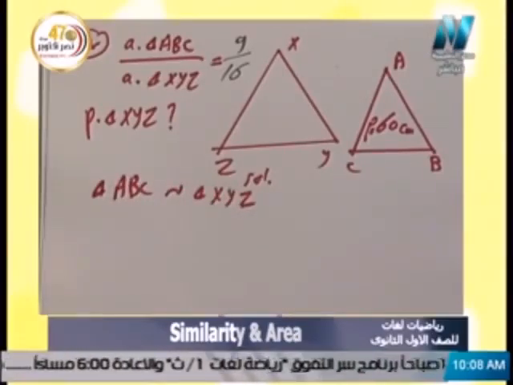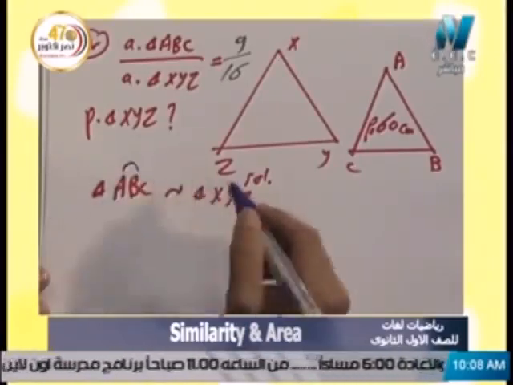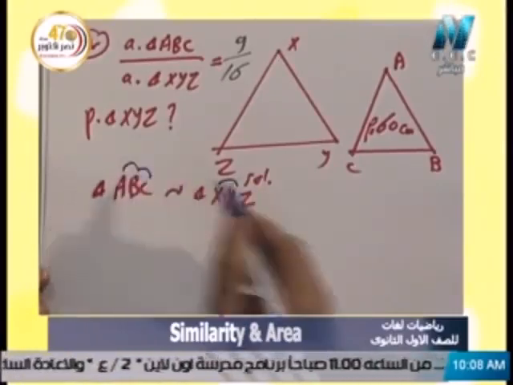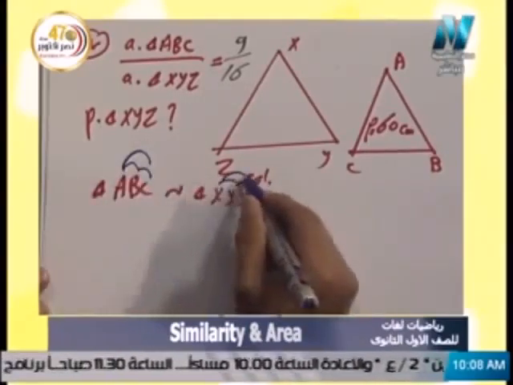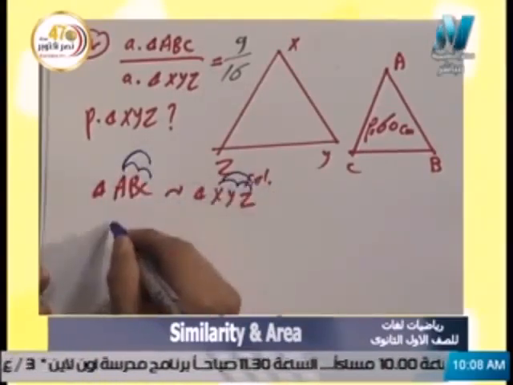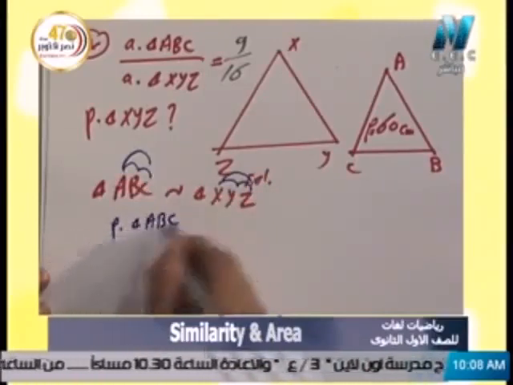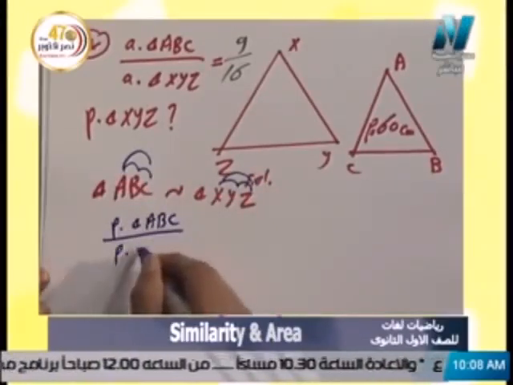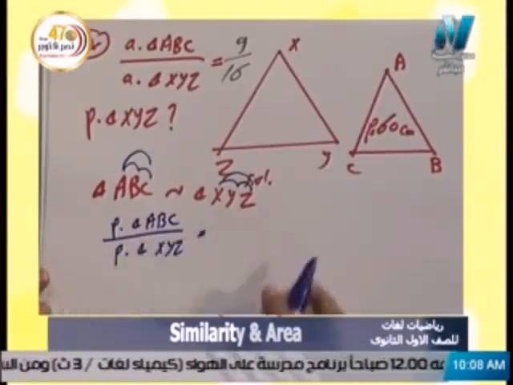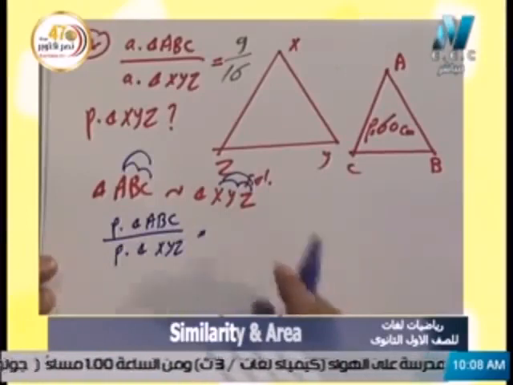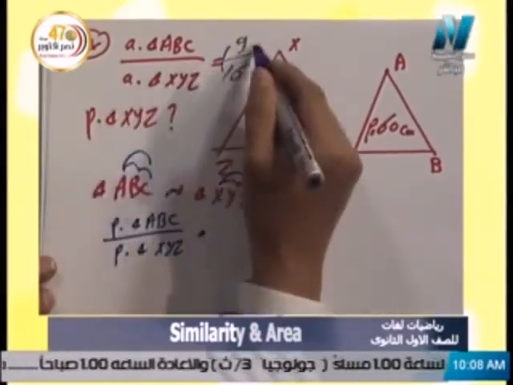So here AB over XY equals BC over YZ equals AC over XZ, and also equals the perimeter of triangle ABC over the perimeter of triangle XYZ. But we know that the ratio between the two areas equals 9 over 16.